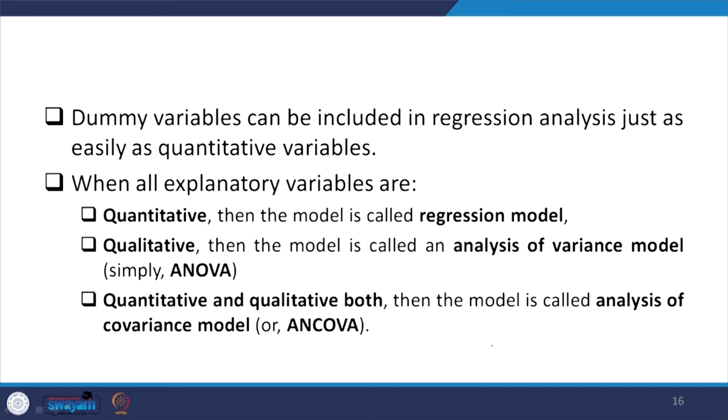When all explanatory variables, the regressors, are quantitative in nature, those types of models are called regression models. If they are full of qualitative variables, then those models dealing with qualitative variables are called analysis of variance models, or ANOVA. When it is a mix of qualitative as well as quantitative variables, those analyses are called analysis of covariance, or ANCOVA models.